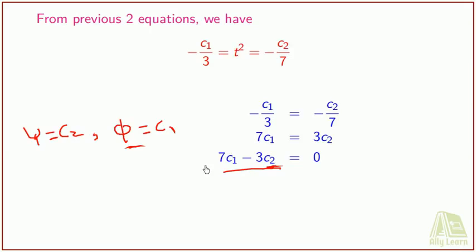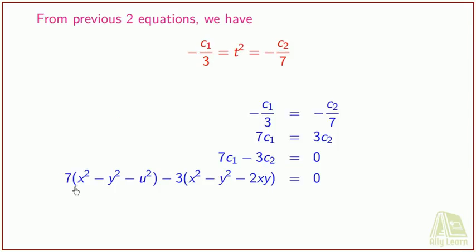After putting phi instead of C1 and psi instead of C2, I get this expression. This was my phi, my first solution of the Lagrange subsidiary equations, and this psi was my second solution.